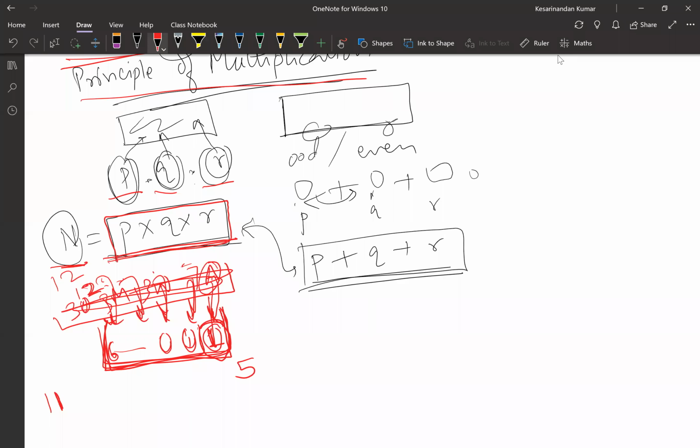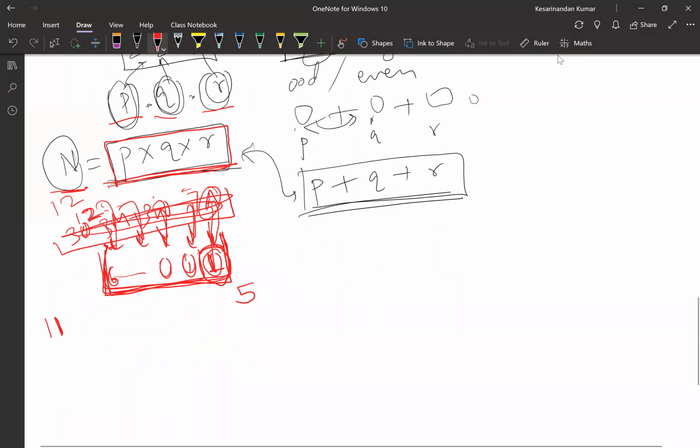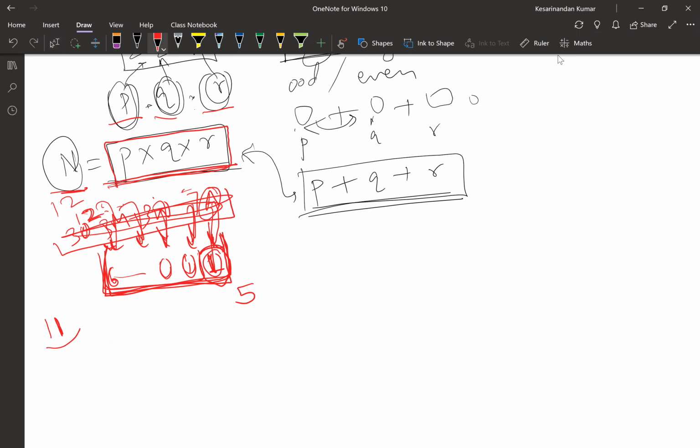Right? Now let's do a derivation part. How can we get these 11 fruits? Now 5 places, 1, 2, 3, 4, 5. How can we fill the first position? We can fill it in 11 ways because we have no restrictions now. Now one fruit has been picked, one place has been taken.